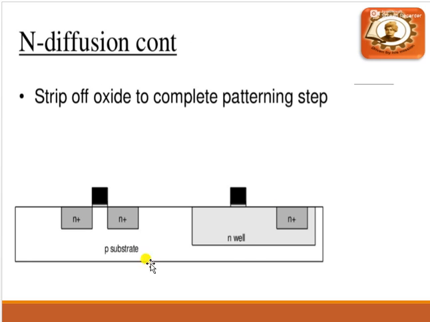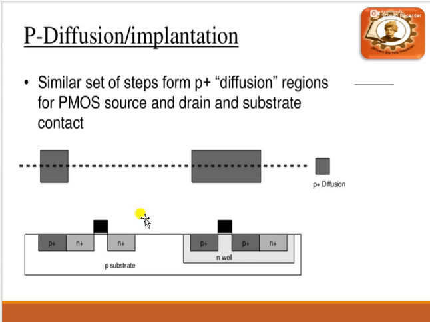So two N plus regions are formed on the P substrate and one N plus region is formed on our N tub. Then P diffusion is performed after pattern transformation. Here a P plus region is formed for the P substrate, and two P plus regions are formed for our N tub.